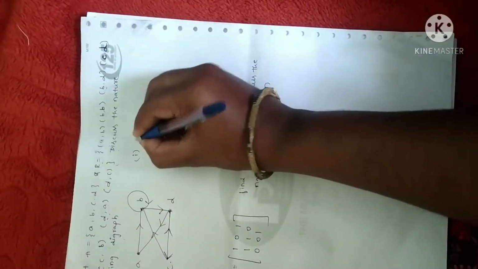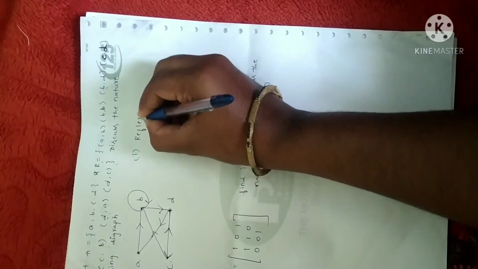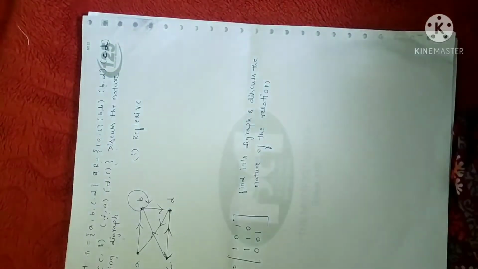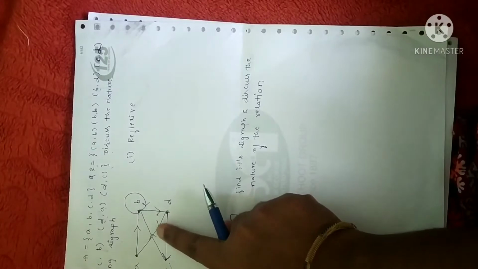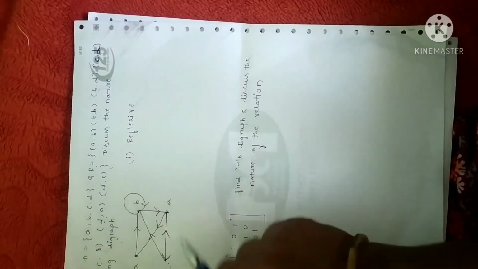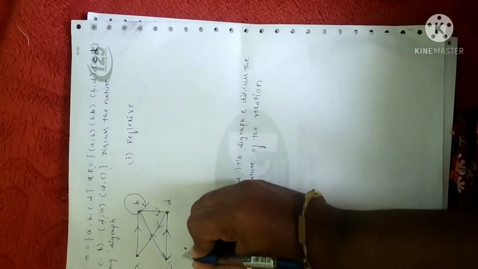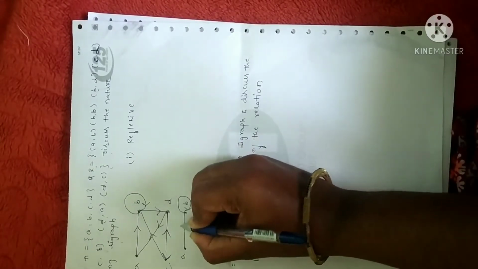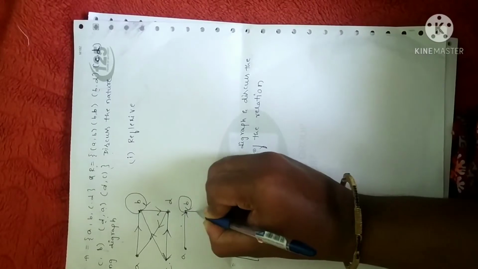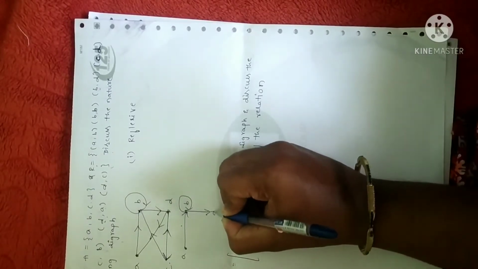First one is reflexive. If you are finding confusion with this graph, in the representation of the arrow marks, you can write this graph in another form, something like this. B to B an edge is there. You can write an arrow mark here so that it looks good.